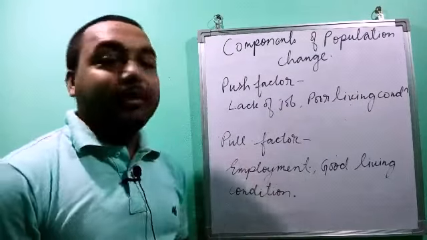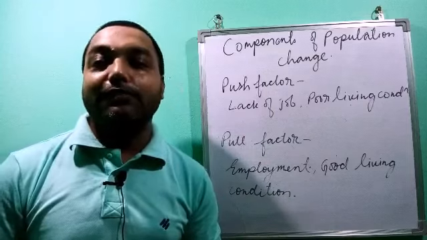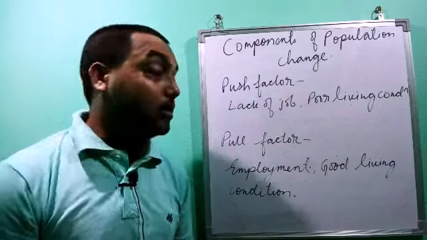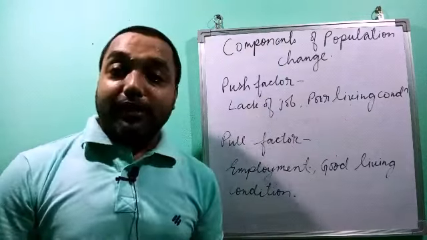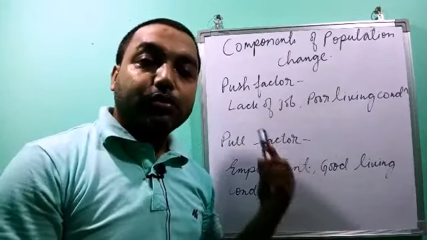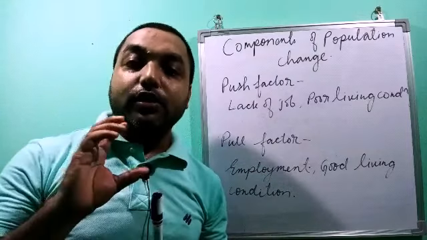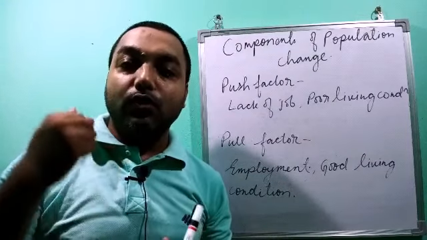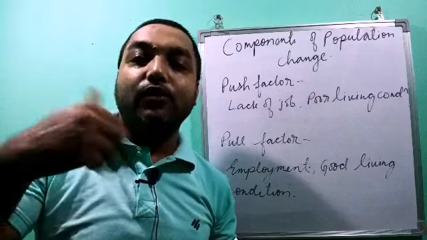So the next important topic about migration is factors of migration, factors affecting migration. There are two important factors. One is called push factor. Push factors are those factors which compel a particular person to leave his birthplace and go away.